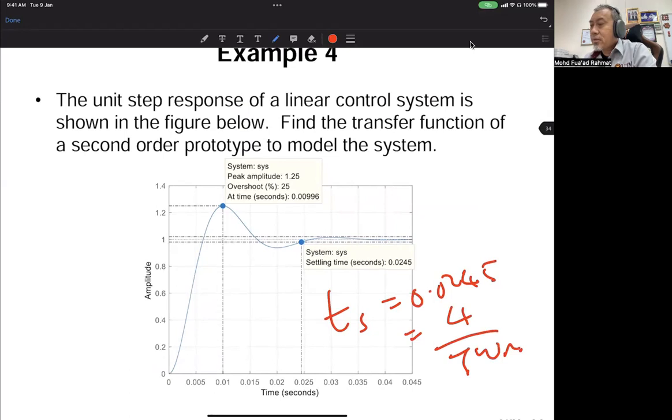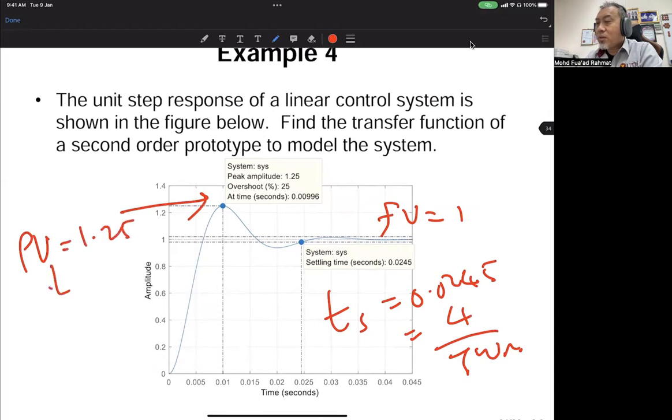The final value is equal to 1. Peak value is 1.25 with the peak time 0.01 second. Okay, so make life easy. And then you just follow as example 3.